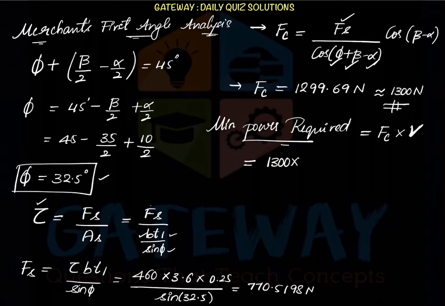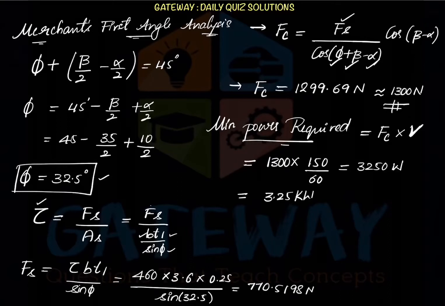The V was given in the question as 150 meter per minute. We will convert that to meter per second by dividing it by 60. Then that comes out to be 3250 joule per second, newton meter per second, nothing but joule per second, watt. And the answer is 3.25 kilowatts. This is our final answer for question number 5.